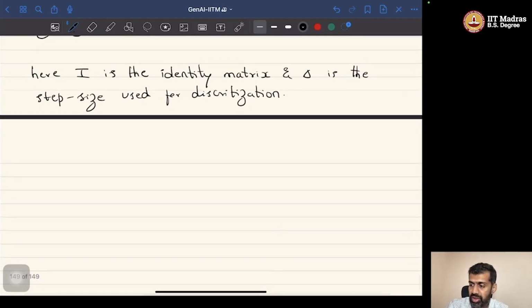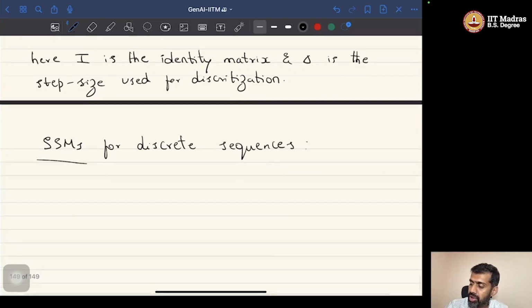Now with this we have a new set of equations. So SSMs for discrete sequences look as follows. Suppose we consider state space models for discrete sequences. Instead of having x dot, we have x_k, that is equal to A bar times x_{k-1}.